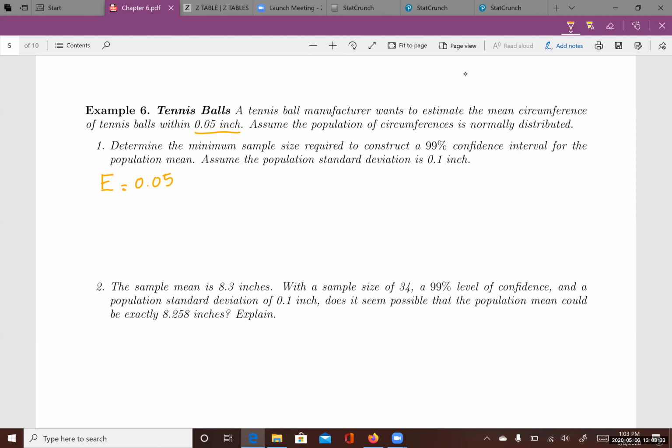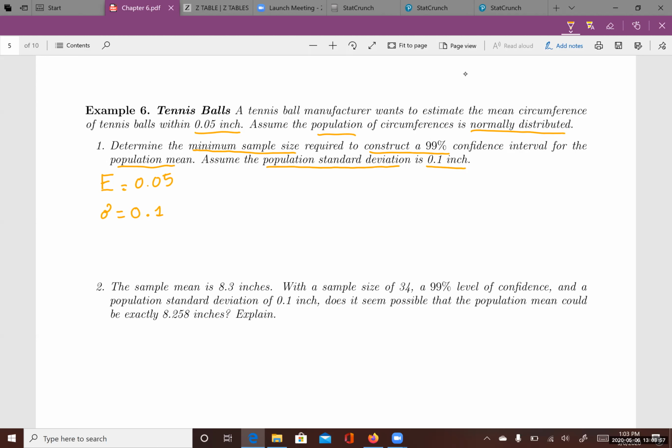Assume the population is normally distributed. That means we can go ahead and use the z value. Determine the minimum sample size required to construct a 99% confidence interval for the population mean. Assume the population standard deviation is 0.1 inch. So we know sigma is 0.1.